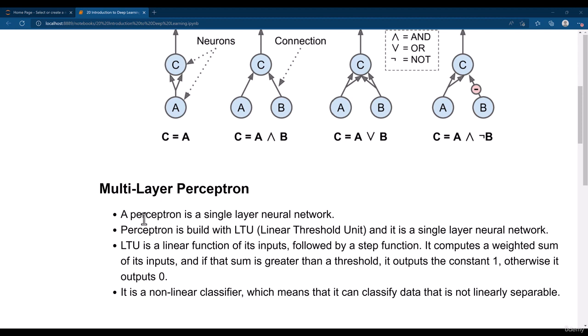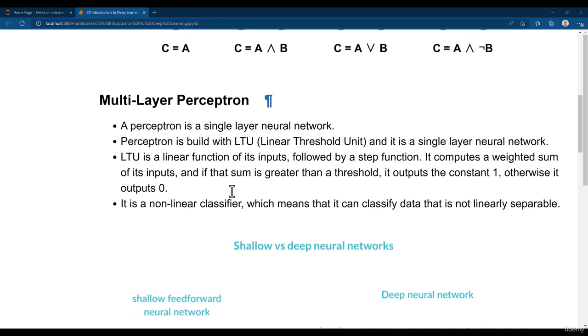In classical machine learning, we have seen how you can apply algorithms like SVM, random forest, decision tree, when your data is linearly separable. When data is not linearly separable, it becomes difficult for those classical machine learning algorithms. So when it becomes difficult for classical ML, that's where you apply deep learning models.